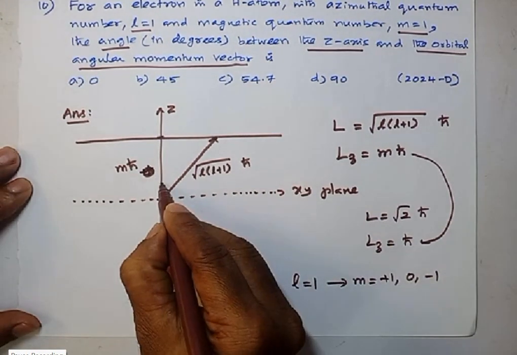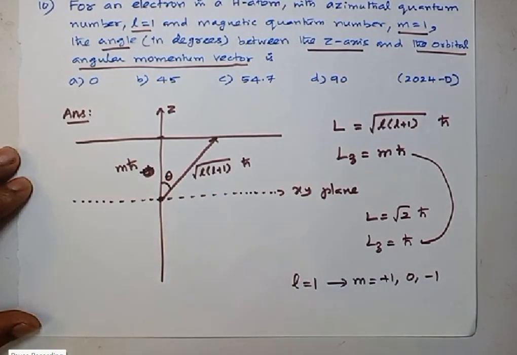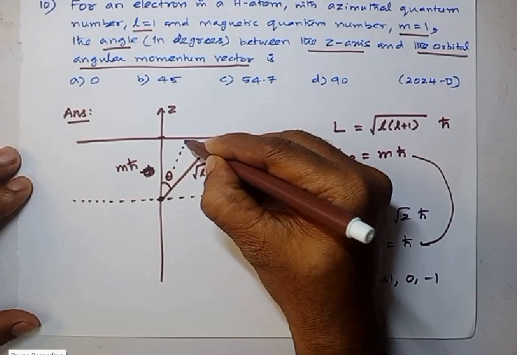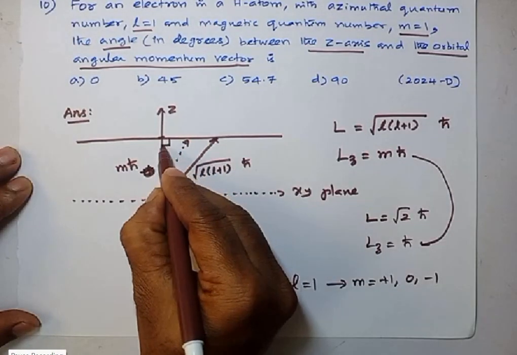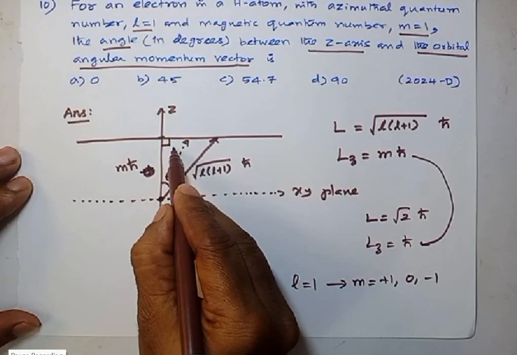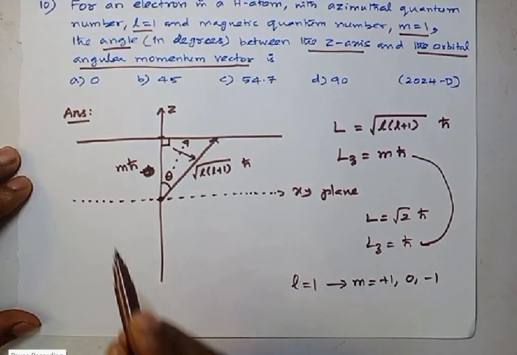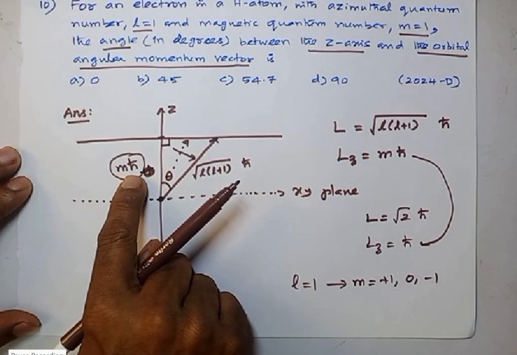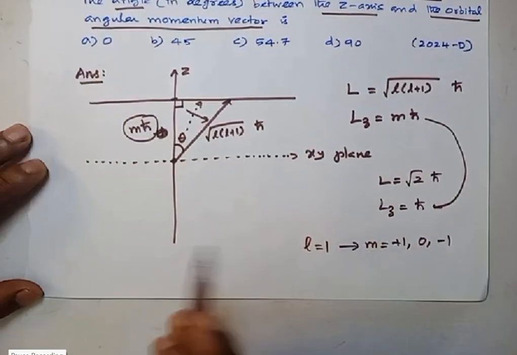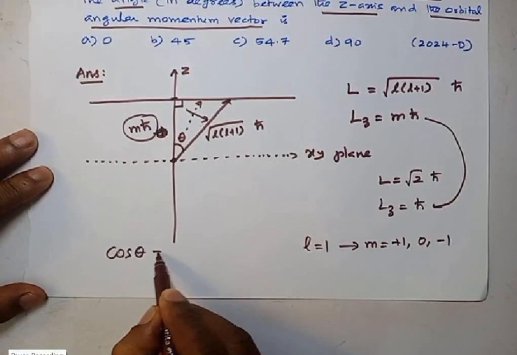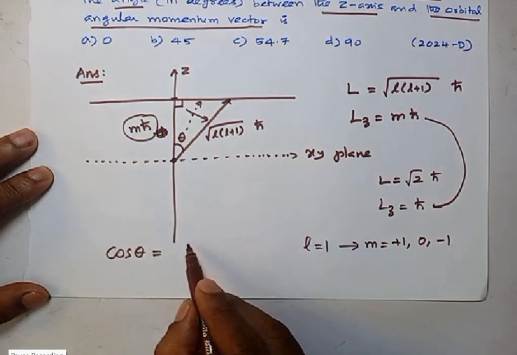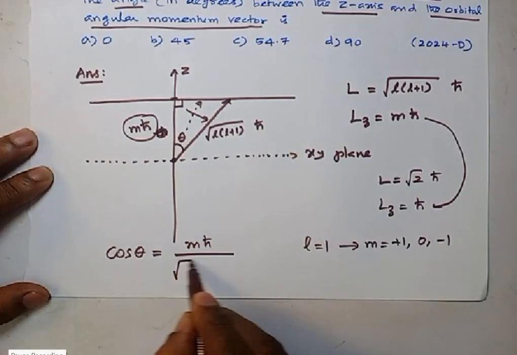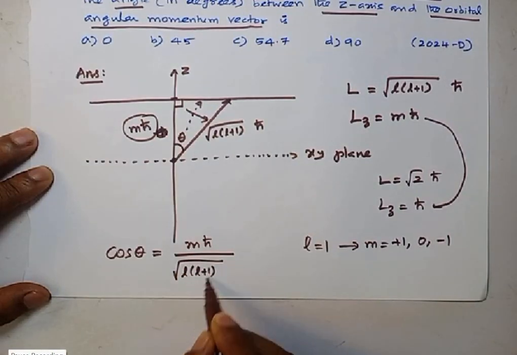Now the question asked here is, what is the angle between these two? If this is theta, this is the opposite side, here we have 90 degrees, so this is the hypotenuse, and this is the adjacent side. The angle connecting the adjacent side and the hypotenuse is cos theta. So cos theta is equal to the adjacent side, m into h cross, divided by the hypotenuse, square root of L into L plus 1 into h cross.